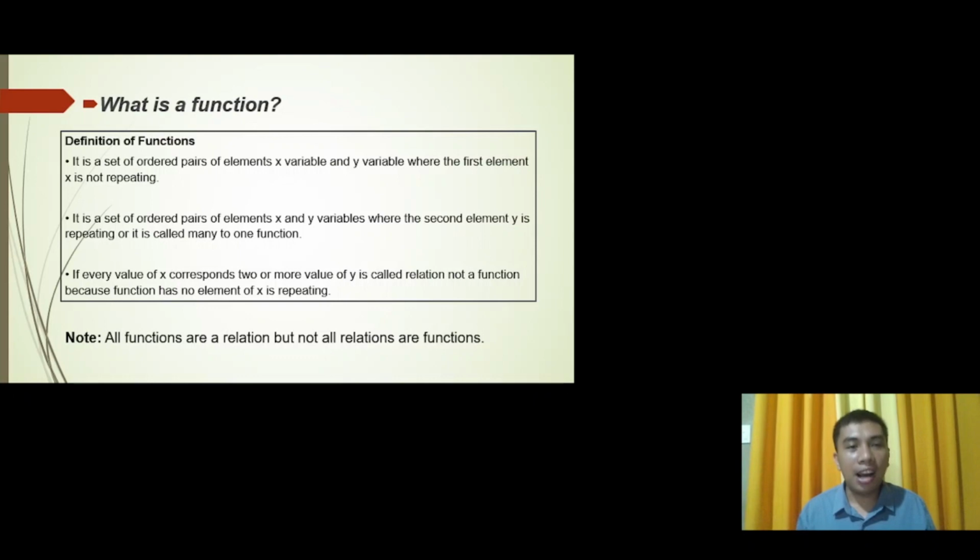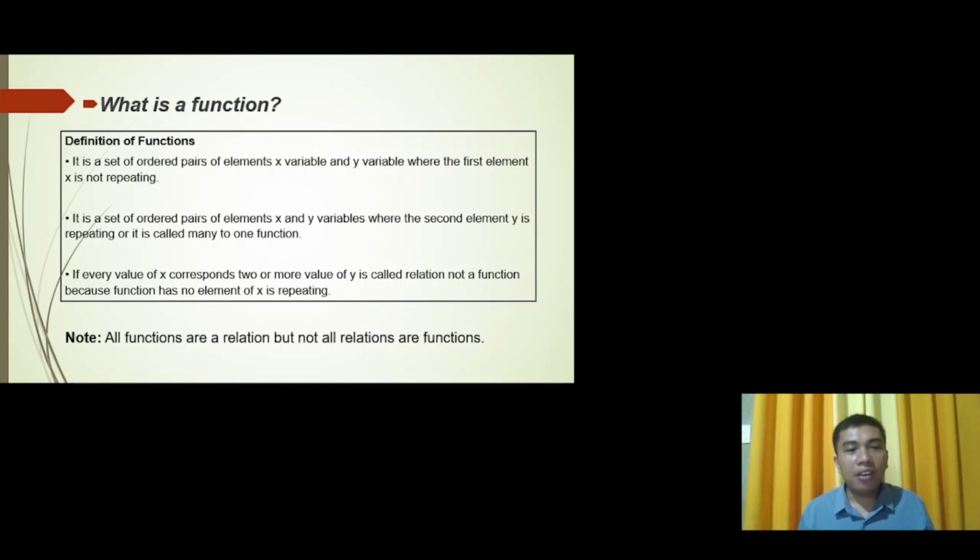The definition of a function: it is a set of ordered pairs of elements, the x variable and y variable, where the first element x is not repeating. Next, it is a set of ordered pairs of elements x and y variables, where the second element y is repeating, which is called a many-to-one function.